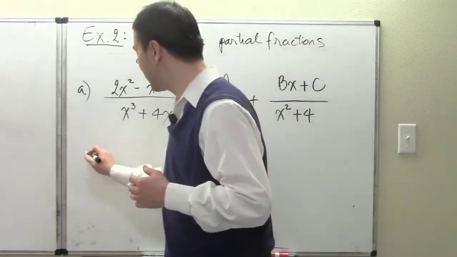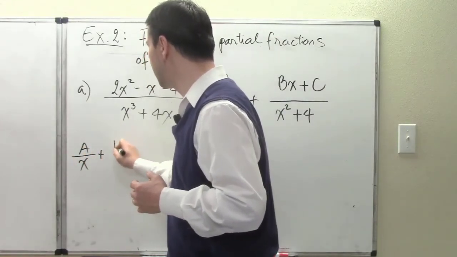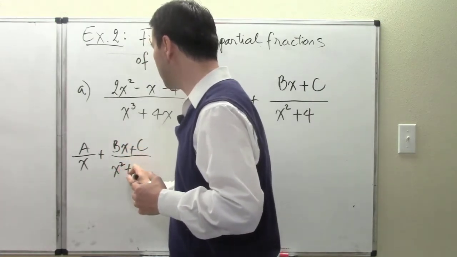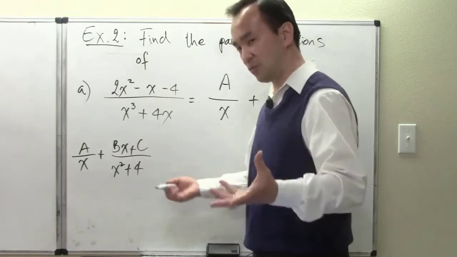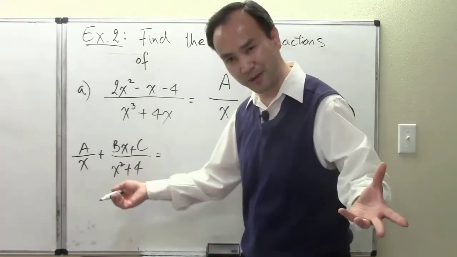Now we imagine if we really were adding a over x plus bx plus c over x squared plus 4, what would happen? Of course the algebra needs to kick in, and we need to make common denominators.